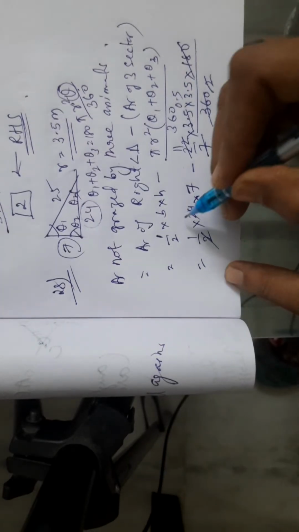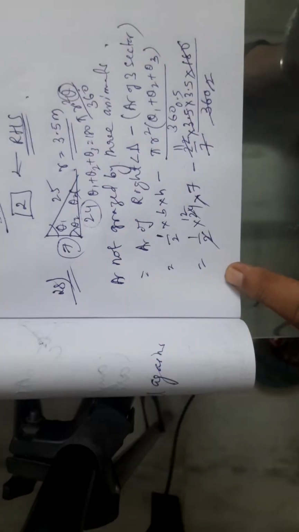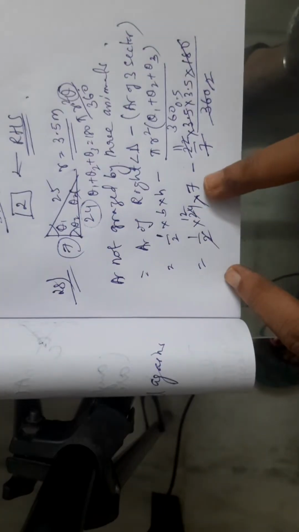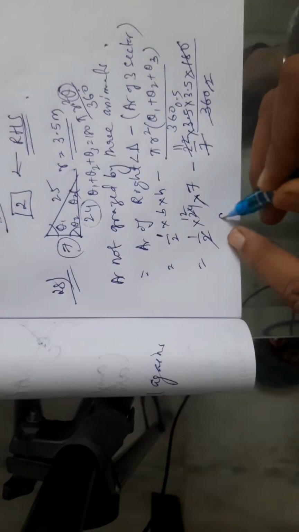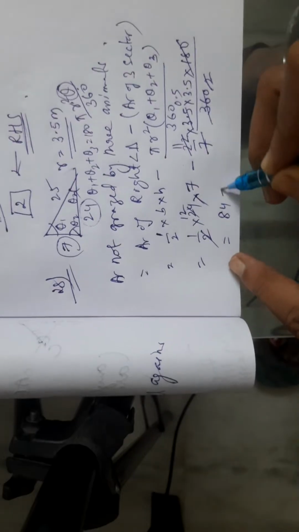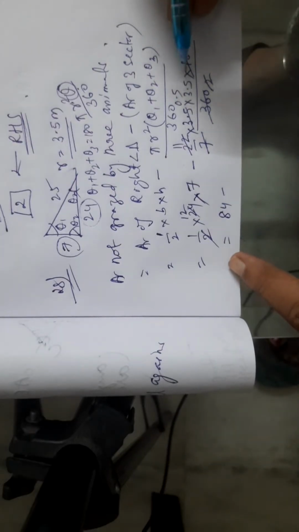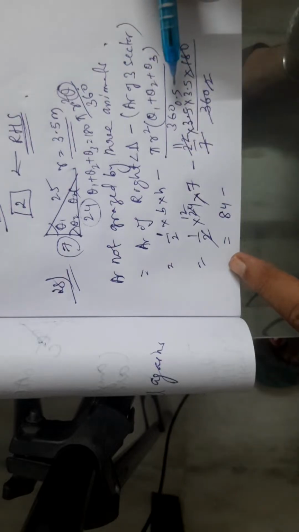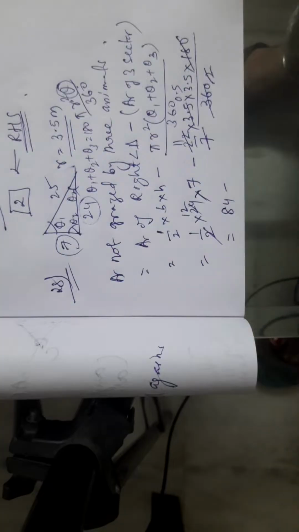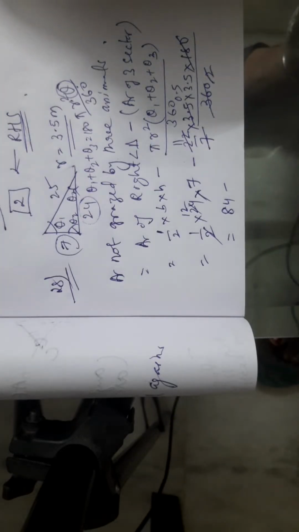Here 12. 2 12s are 24. Now 12 7s are 84. 84 minus, now calculating these all, 0.5 multiplied by 3.5 multiplied by 11. So will you say the answer? What will be the final answer? 11 multiplied by 0.5 multiplied by 3.5.